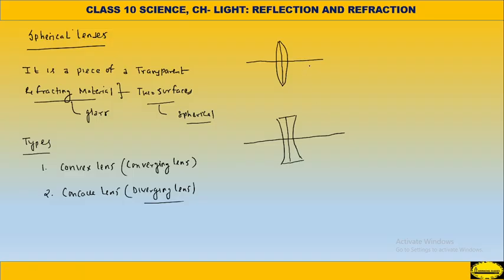So when I say about convex lens, this lens is thick at the center and thin at edges. Regarding concave lens, here it is thin at the center and a little thicker at the edges.